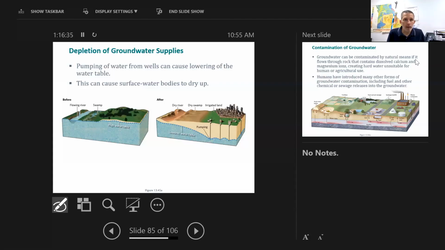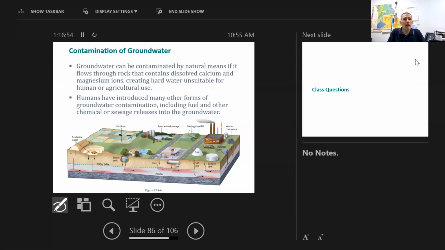So as I was saying, groundwater depletion, as we looked at in a previous slide, water being removed from this environment can lower the water table, and that would have a real big impact on rivers. It can actually cause swamps to dry. And we start looking at groundwater contamination.